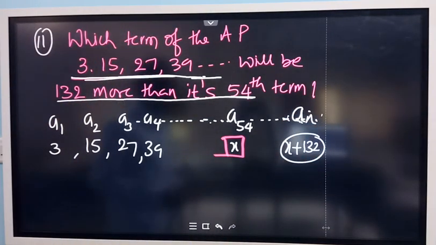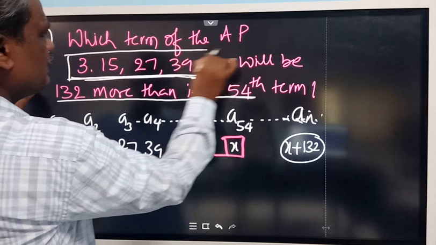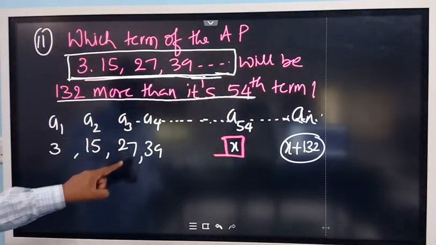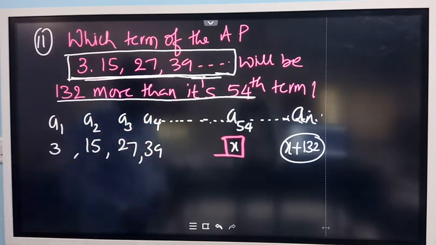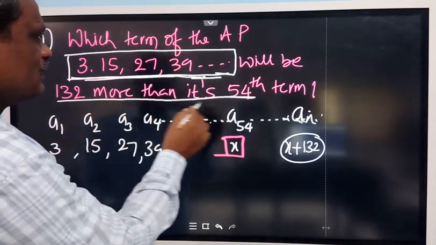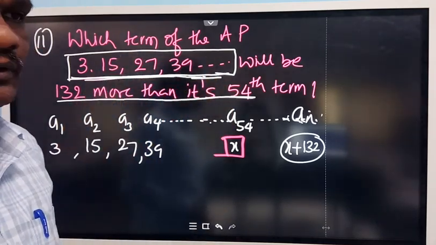So it is the nth term. Do you understand this question clearly? This is the AP that is given. From this you can find the first term, second term, third term, and the fourth term. Nothing further is given. They are asking which term will be 132 more than the 54th term.